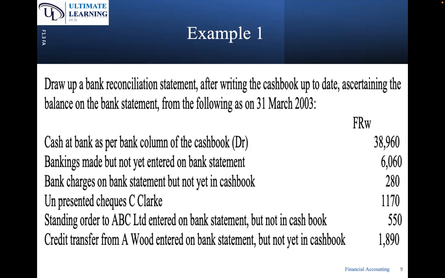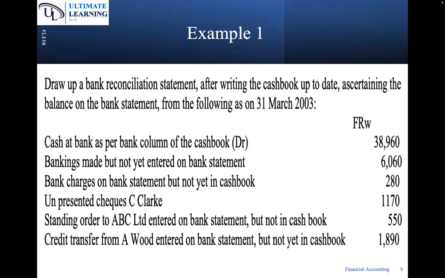Balance as per the cash book, you less bank charges, you less any standing orders, or what we call direct debits, you add any direct credits to give you adjusted cash book balance. And then the adjusted cash book balance is what you take to the adjusted bank statement. You start with your last figure in the adjusted cash book, and that is the figure you start with in the bank statement. So adjusted cash book balance, you add any unpresented checks, you less any uncredited checks to give you balance as per the bank statement.